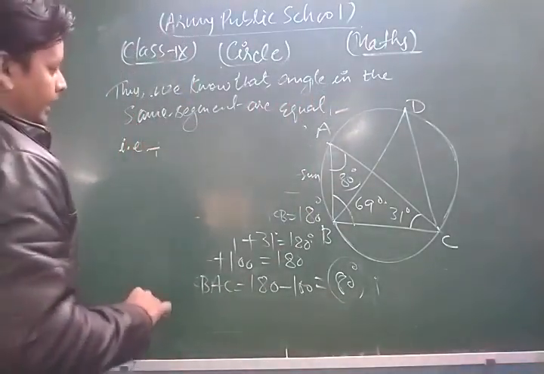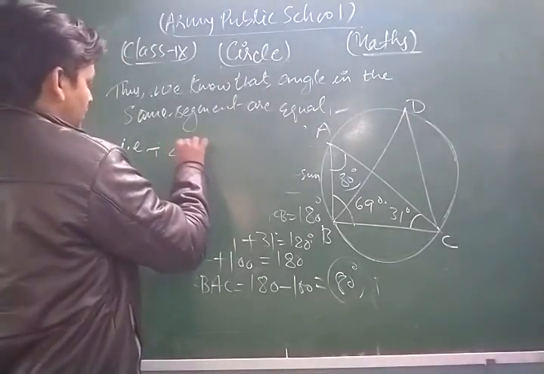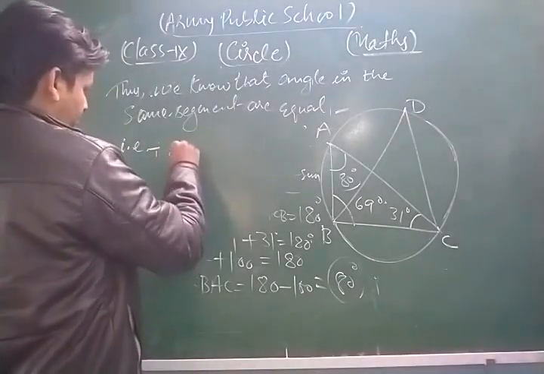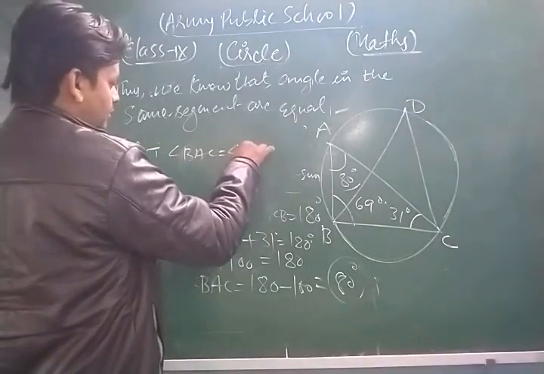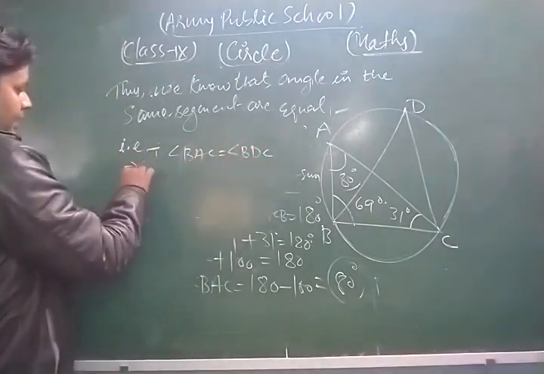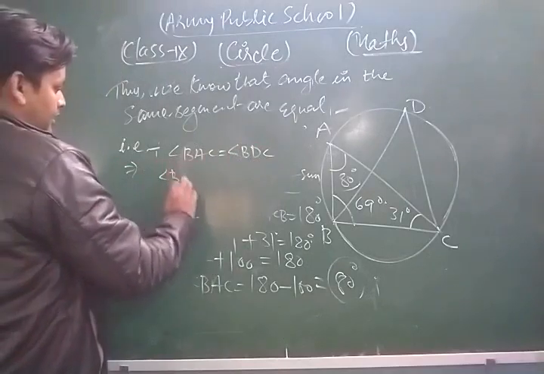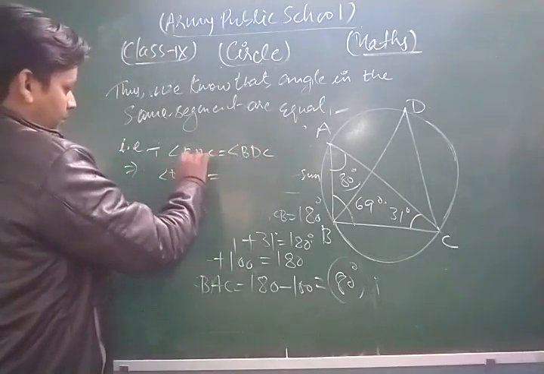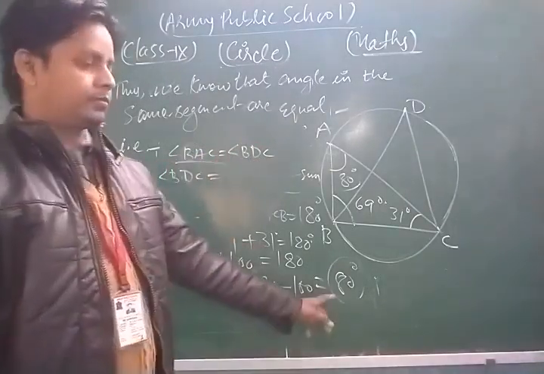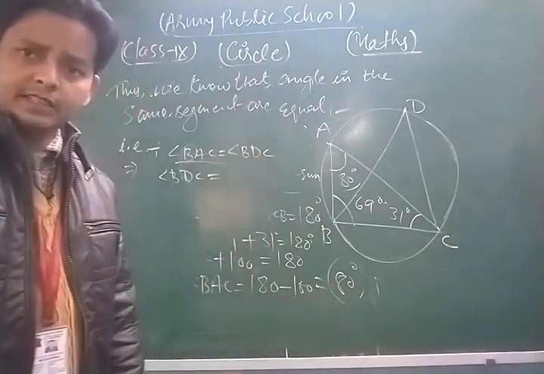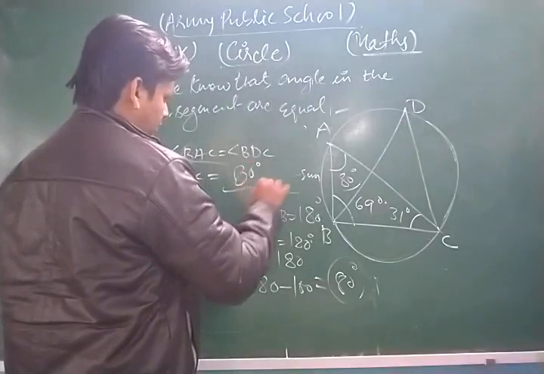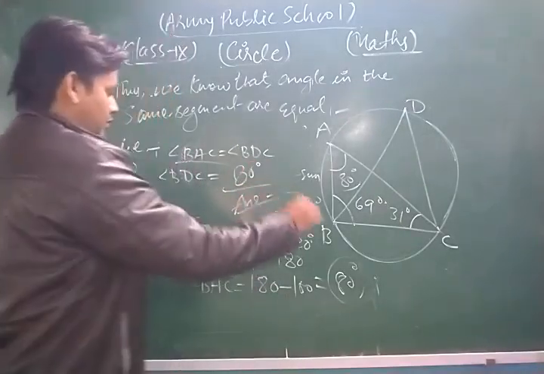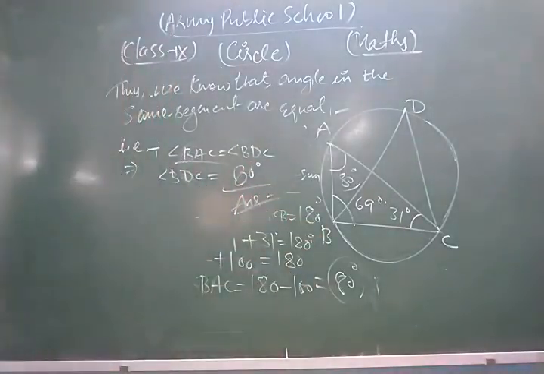That is, angle BAC is equal to angle BDC. So angle BDC is also the same as angle BAC, that is 80 degrees. This is the required solution of the given question.